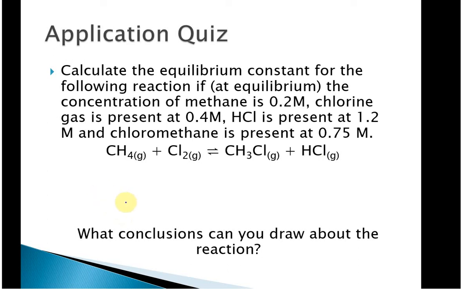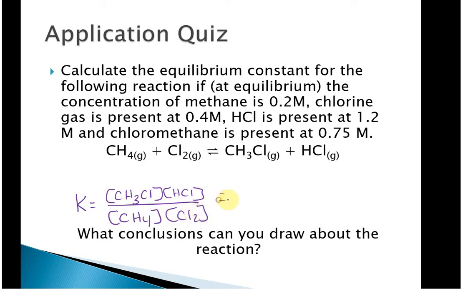Now, the equilibrium expression for this is going to be K equals products, CH3Cl times HCl, both gases so we care, over methane and Cl2, just like that.